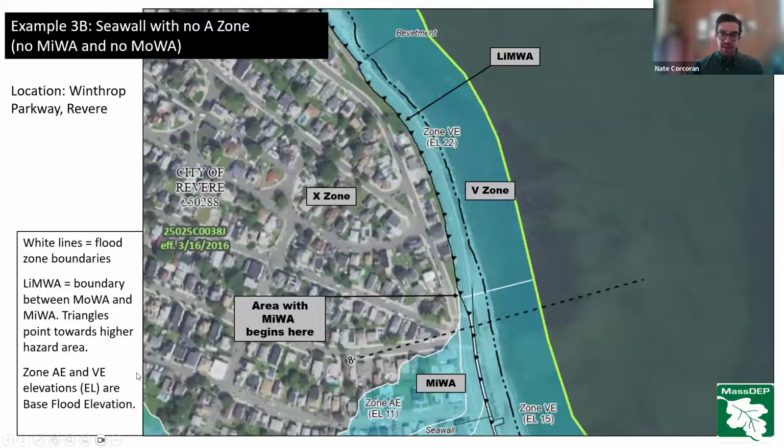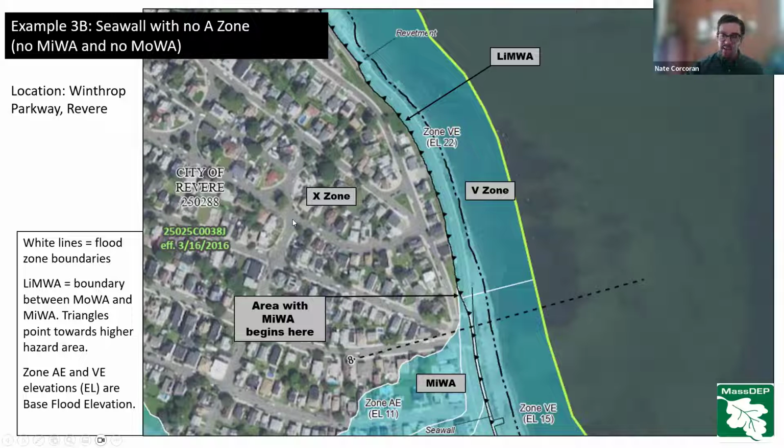This is another example of an area with a seawall. This is on Winthrop Parkway in Revere. On the northern portion of this site, you can see there's a V zone, and then as you go landward, you hit a LIMWA, and then you're outside of the flood zone.